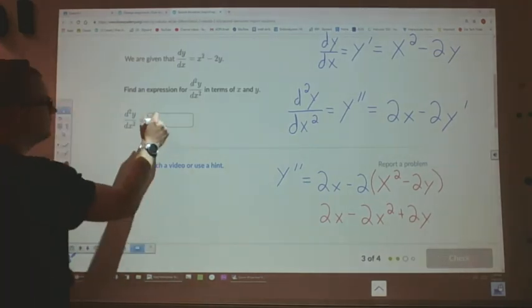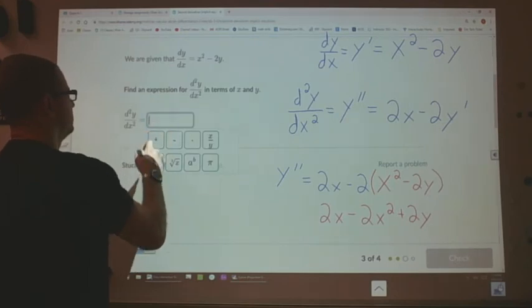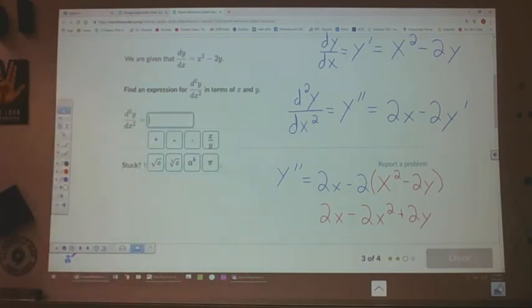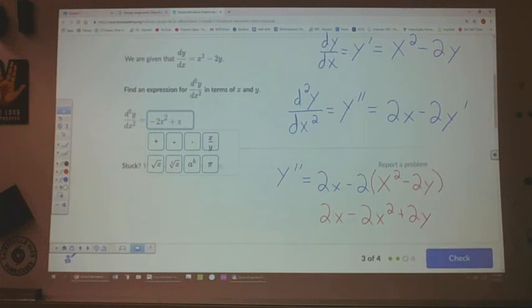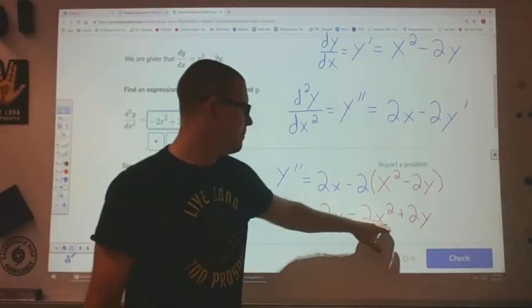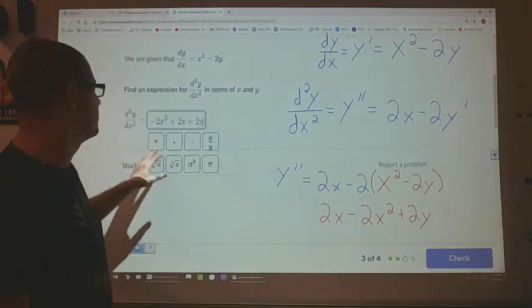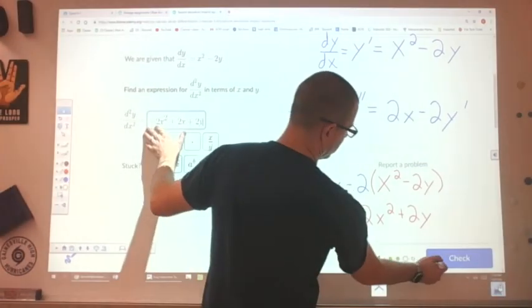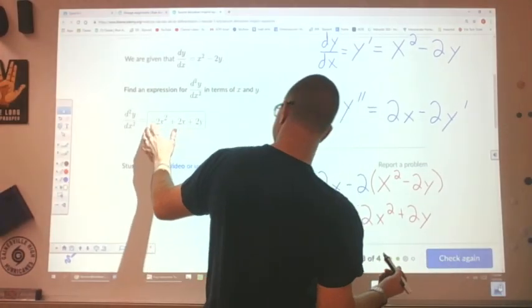Working our way down, taking derivatives. So it is negative 2x squared plus 2x plus 2y. Check real quick, make sure that what I've typed in matches what I got as an answer. And then check again.